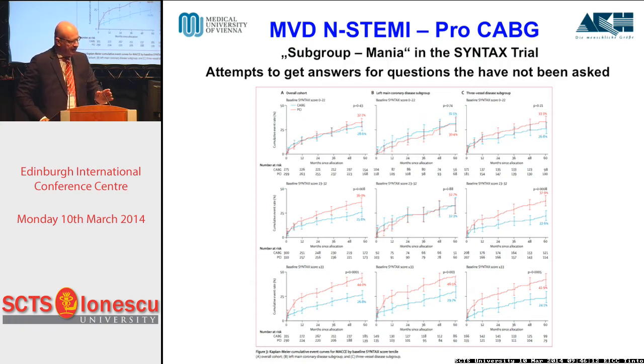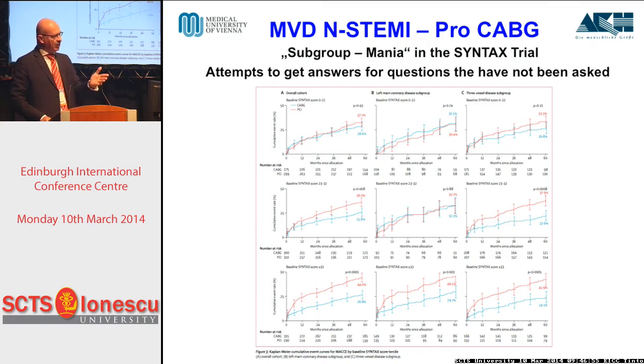There are several pre-specified and non-pre-specified subgroups that have been analyzed, and as you see here in this 5-year survival graph that separates different strata, even if you look at the group of patients with the lower risk SYNTAX score and compare the outcome after 5 years of these subgroups with the patients that have been observed for 5 years in the registry of the SYNTAX trial, which was a registry that comprised patients who were not too sick, but anatomically not suitable for PCI to be enrolled in the SYNTAX trial.